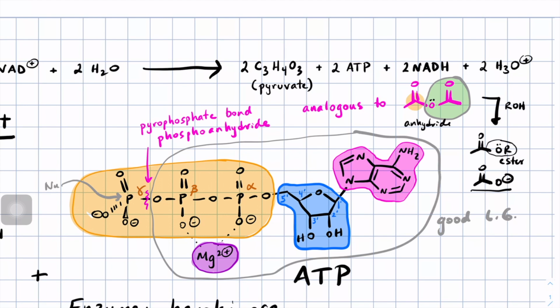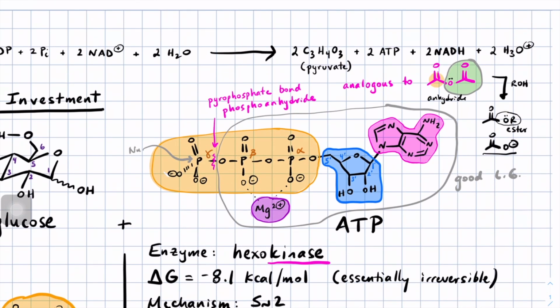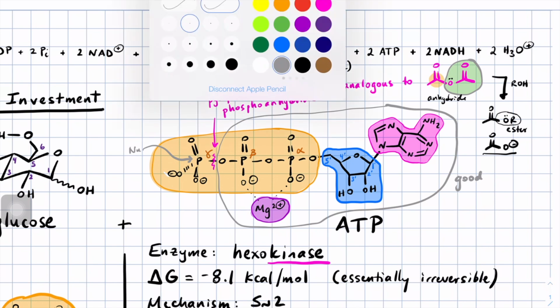The negatively charged oxygen would be stabilized by resonance, to say nothing of the magnesium 2+ ion that's also stabilizing the negative charge.